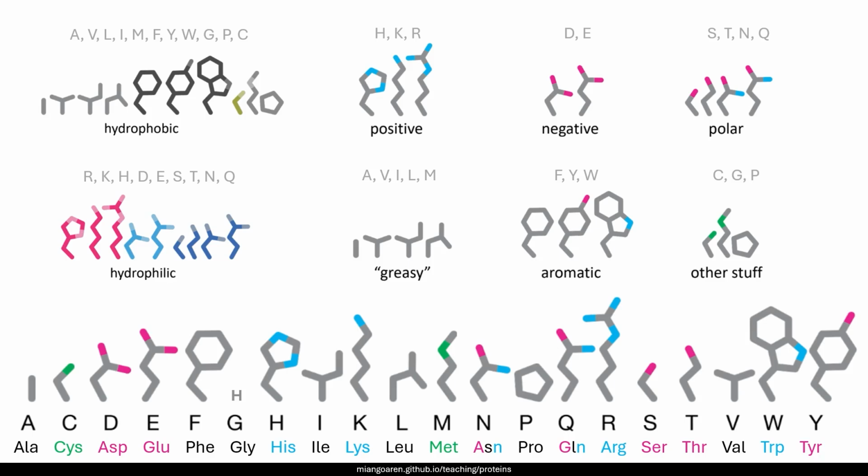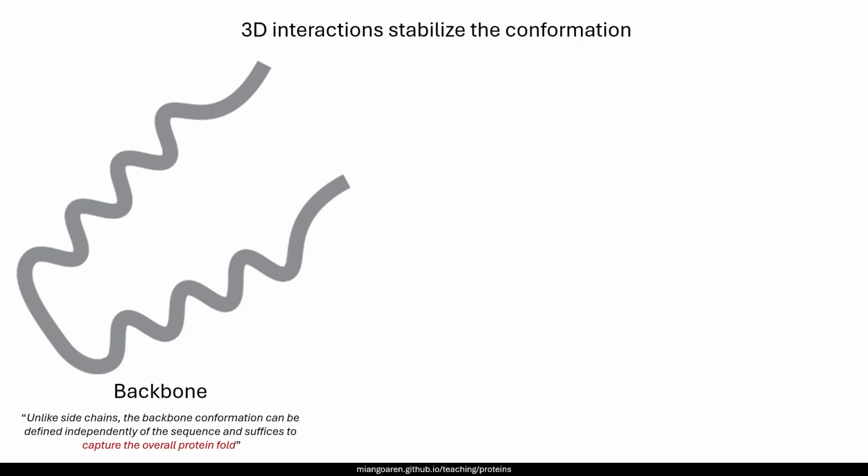So let it be clear that we can organize amino acids according to their physical and chemical behavior into multiple categories. And this is relevant because the three-dimensional interactions established by the side chains of the residues practically determine the conformation of the protein itself. That is, the three-dimensional structure that the protein adopts in space.